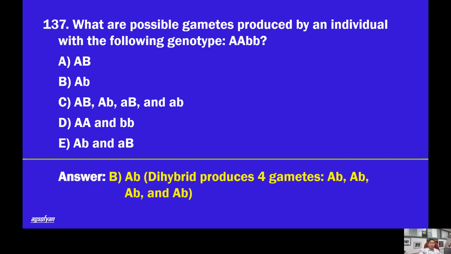The answer will be only one type, because both A are capital letters, so you can only use one, and both B are lowercase, so you can just take one and combine with A. It becomes A capital letter, B lowercase. That's the only type of gamete produced by this genotype.